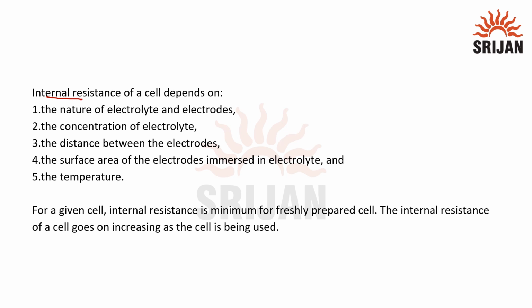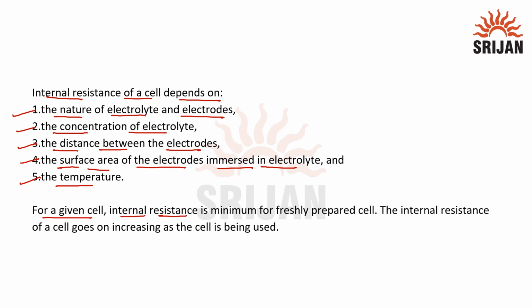This internal resistance of a cell depends on: first, the nature of electrolyte and electrodes; second, the concentration of electrolyte; third, the distance between the electrodes; fourth, the surface area of the electrodes immersed in electrolyte; and fifth, the temperature. For a given cell, internal resistance is minimum for a freshly prepared cell. The internal resistance of a cell goes on increasing as the cell is being used.